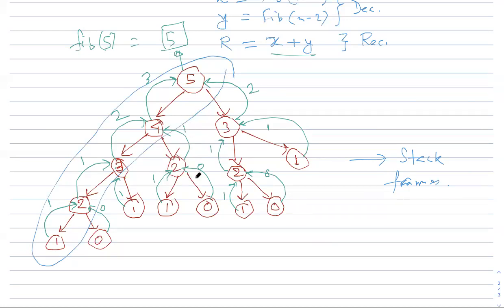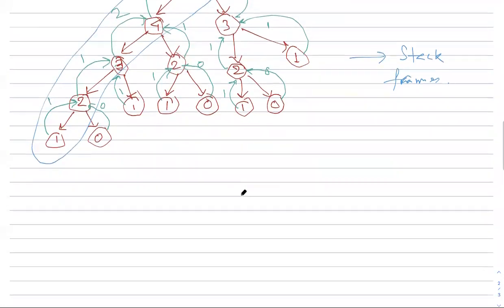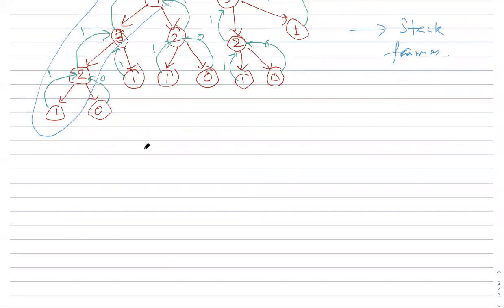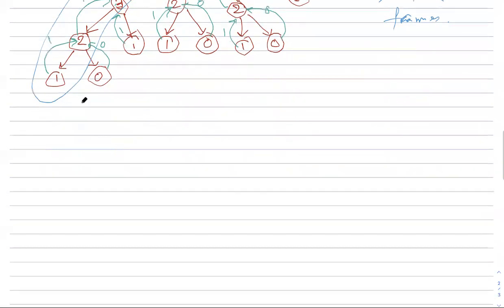And because of that, the space complexity of this is going to be just the maximum stack depth. All right. But we'll cover the time complexity in a little more detail.